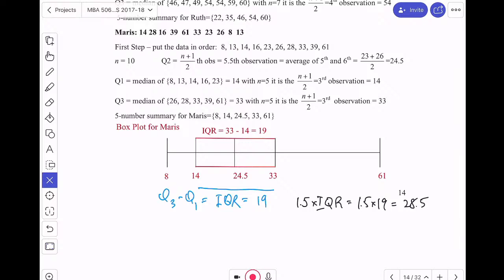You spread it out by adding 33 plus 1.5 times IQR, which equals 33 plus 28.5, and you see that gives you 61.5, right?